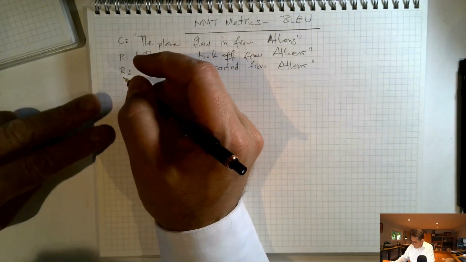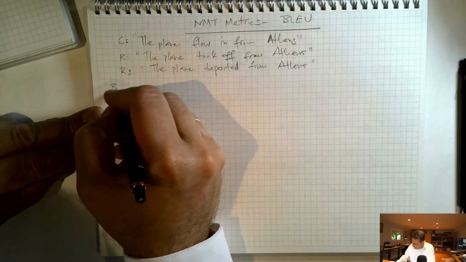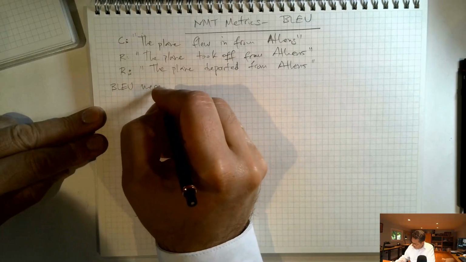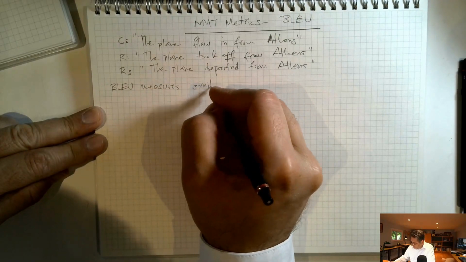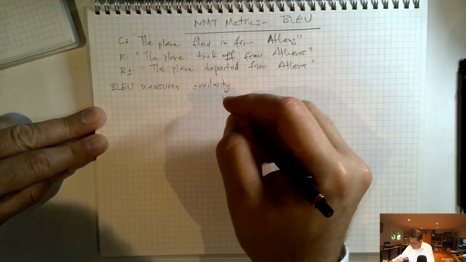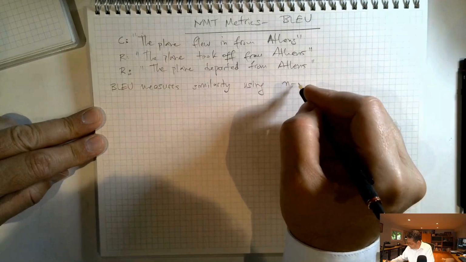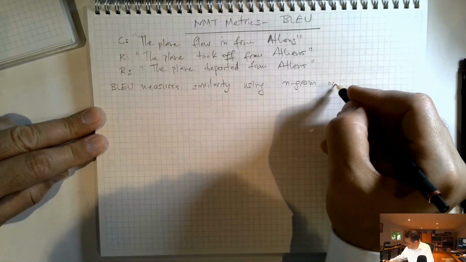So in summary, to make the definition, BLEU measures similarity using the so-called n-gram overlaps.